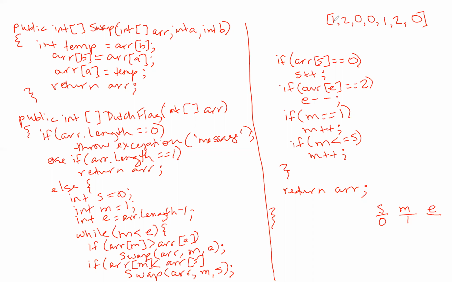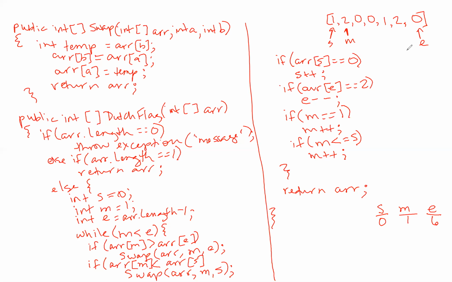So E is 6. We can label these S and E. If array at M, which is 2, is greater than array at E, which it is, then we're going to swap in our swap function.